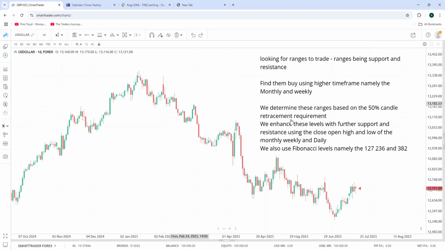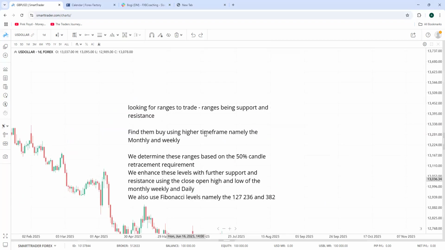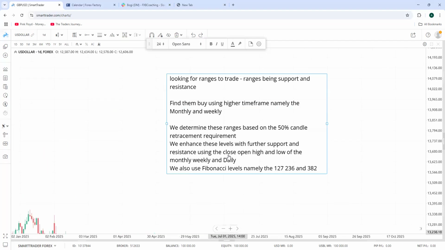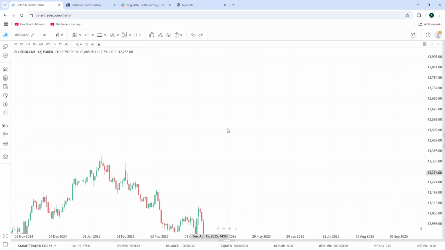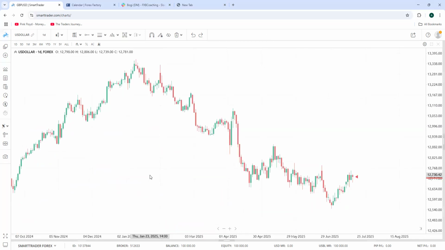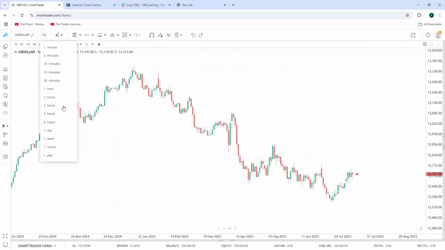We're going to start with the US dollar, because the US dollar is our primary currency, and that determines what we're going to look at throughout the rest of the week, the day, and other time frames. So we're first going to go to the monthly.